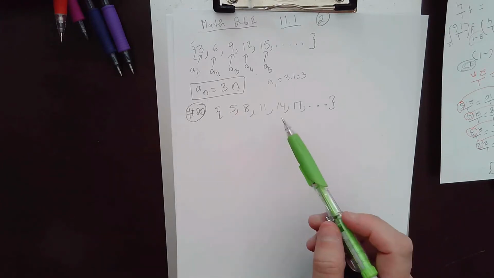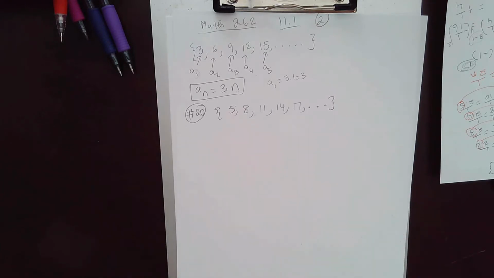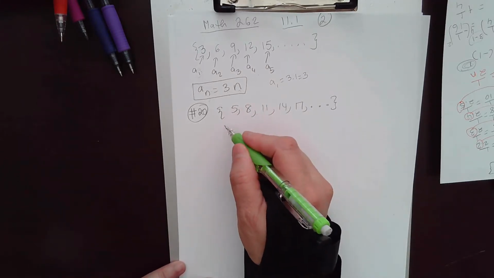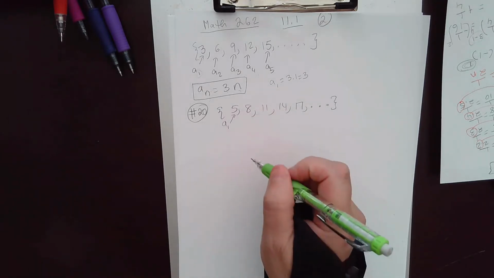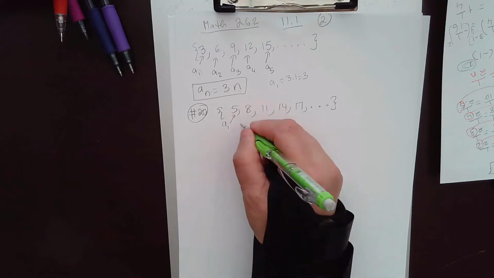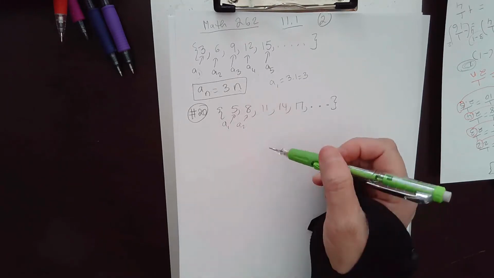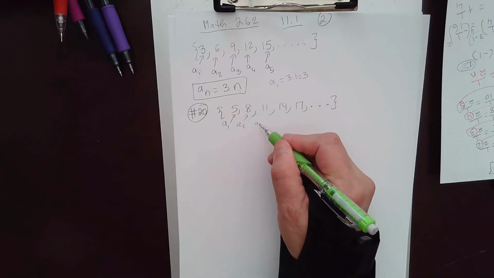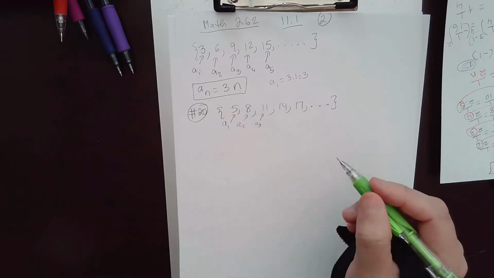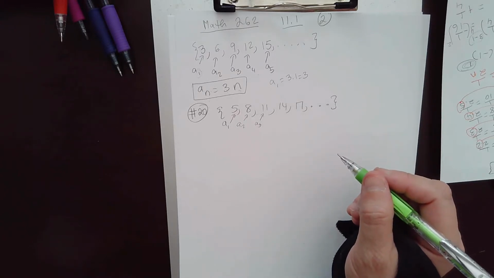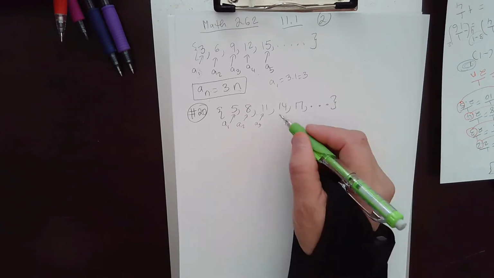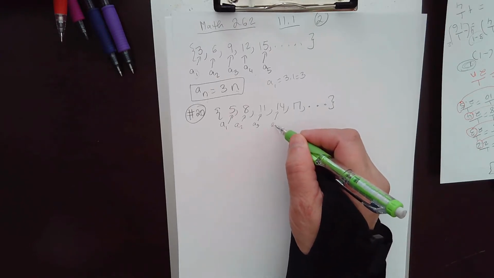So the first term is 5. How can you relate the term itself to the number? The second term is 8. So you want to write it down. You want to see what you have here. The third term is 11. This is where you have to figure out what this is.